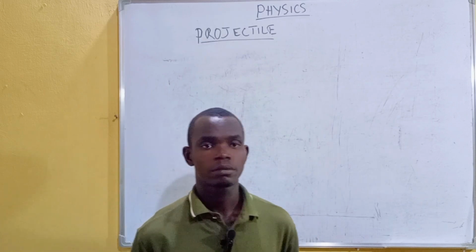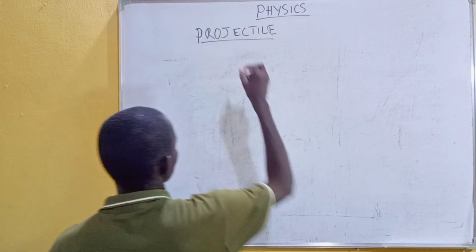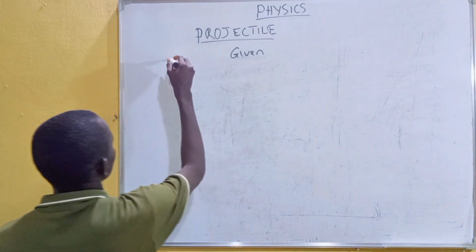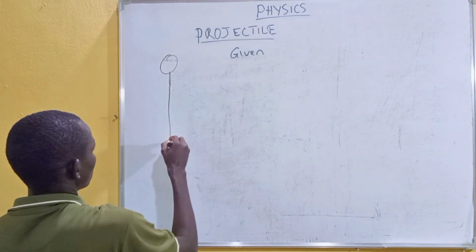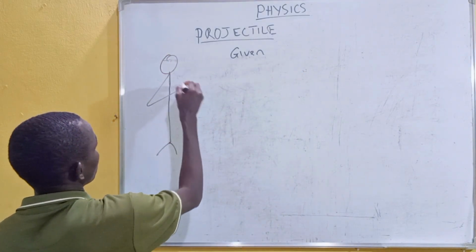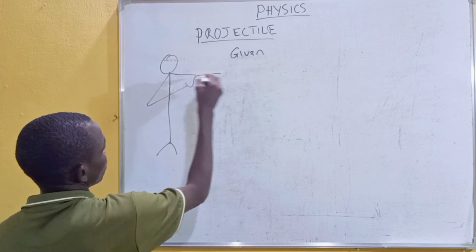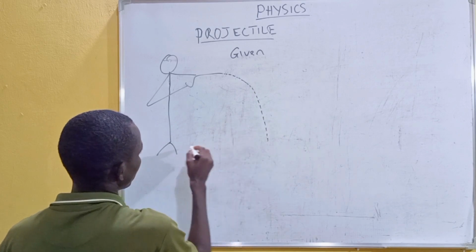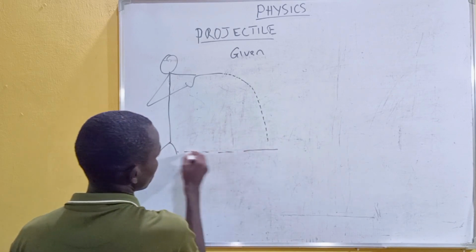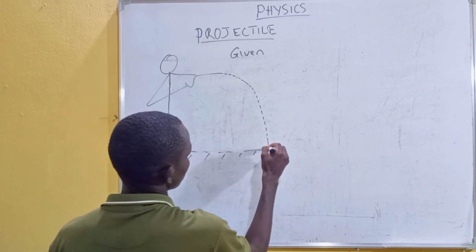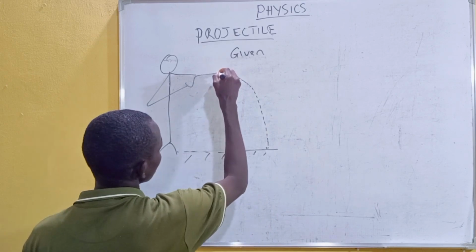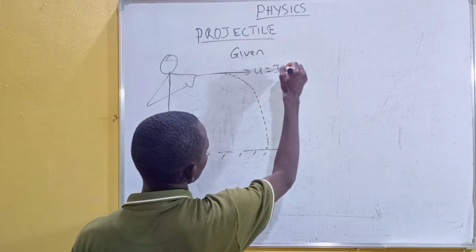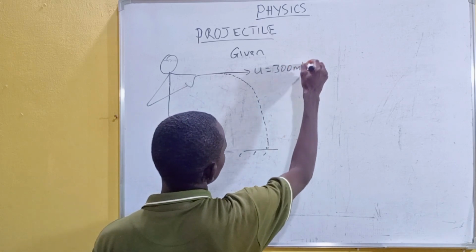Let's draw out the given parameters. So, given: a bullet is fired with a horizontal velocity u equals 300 meters per second.